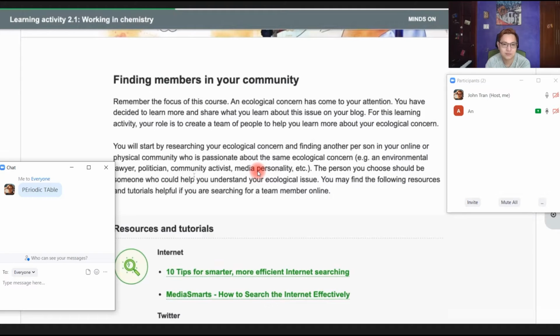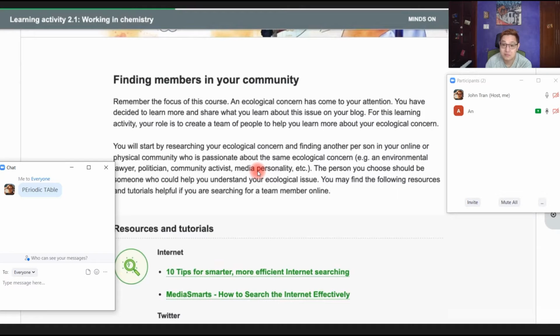You start by researching your ecological concern and finding another person in your online or physical community who is passionate about the same ecological concern, for example an environmental lawyer, political or community activist, or media personality like a celebrity.